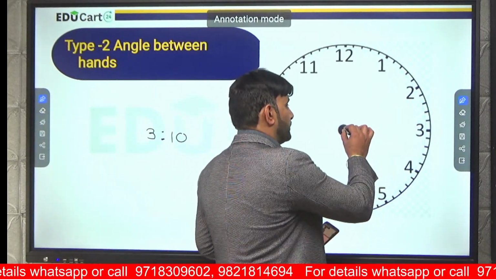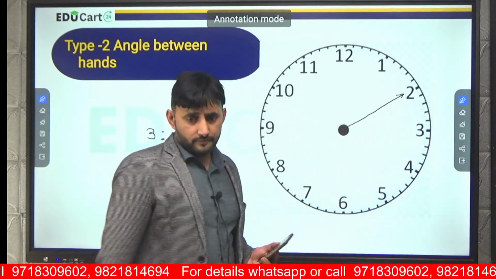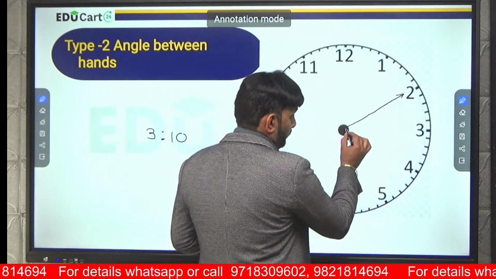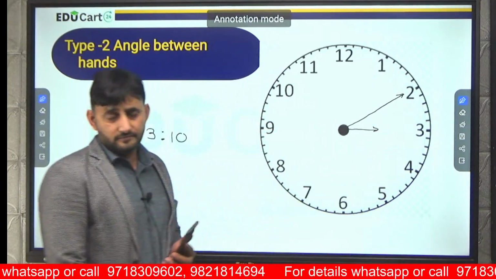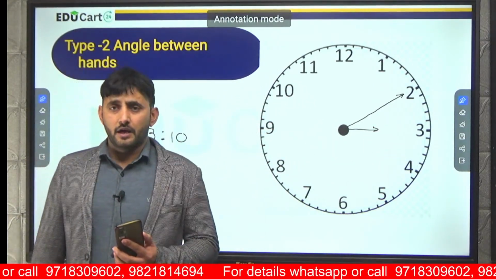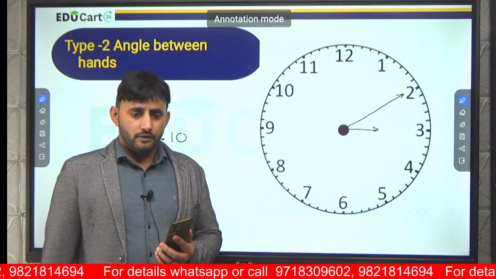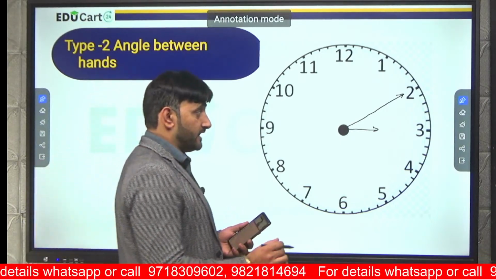At 3:10 we know that the minute hand will be at 2. Will the hour hand be exactly at 3 or slightly ahead of 3? It will be slightly ahead of 3.